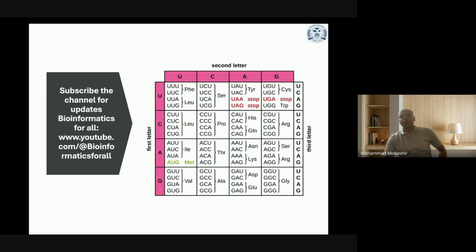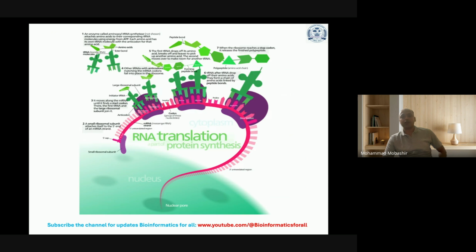So if you could understand and memorize this table, it will be really worth it for you to work in the field or study the biology field.